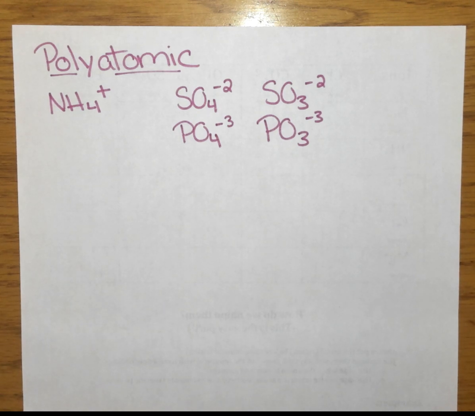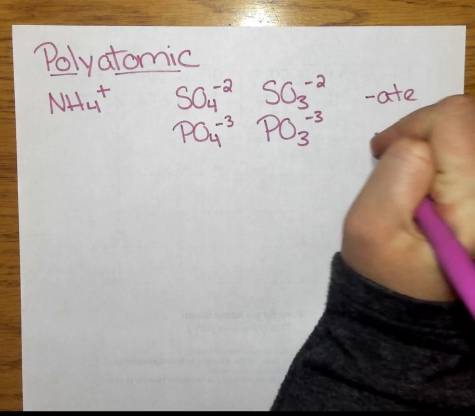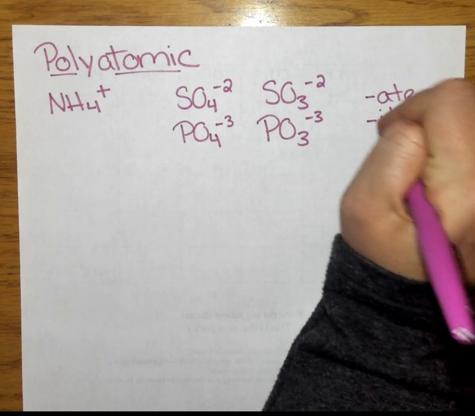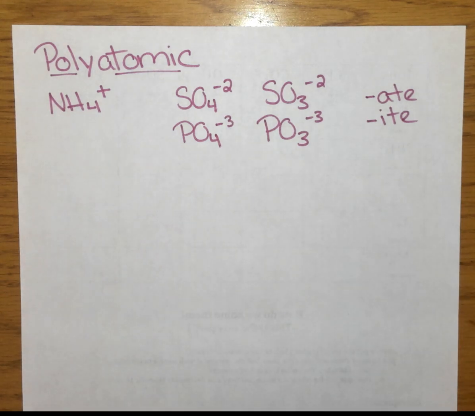But the important thing to note when we're naming polyatomics is they all end in -ate or -ite when they involve oxygens. And I will allow you to use your ion table, which tells you the names of all these crazy polyatomic ions. But when we're forming a compound, where does this all come into play?